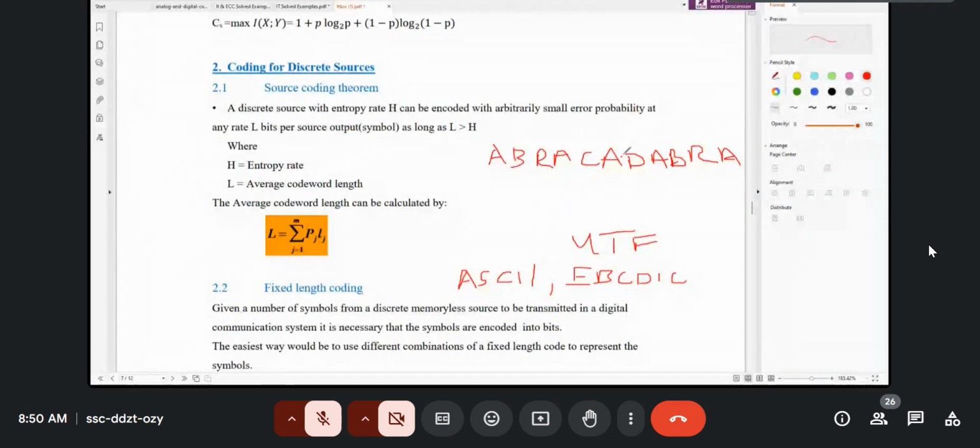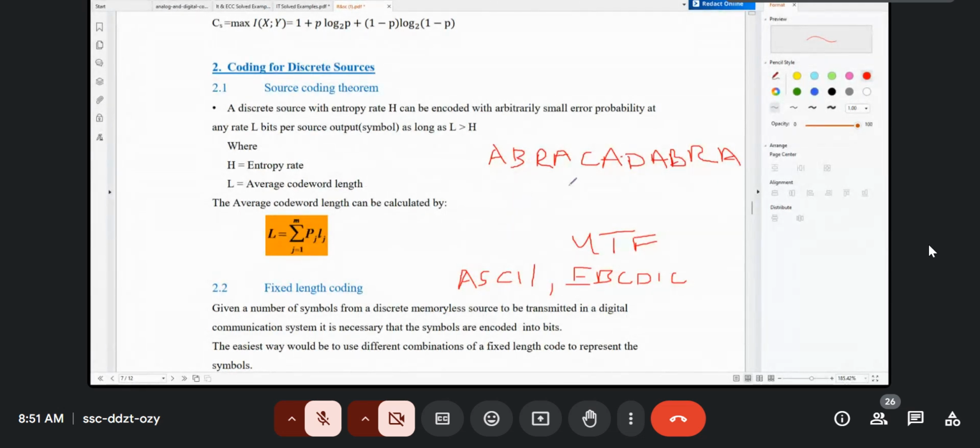So in the abracadabra example, you have this word. You can encode it as ASCII. Let's assume we are using the 7-bit ASCII, the original ASCII. So abracadabra has 11 characters, 11 symbols.